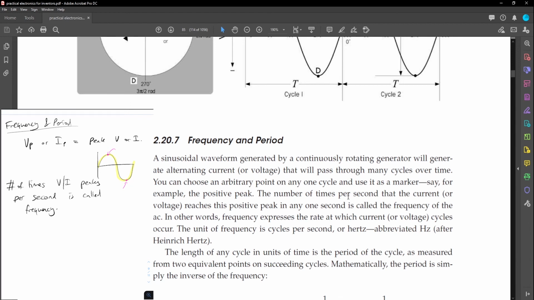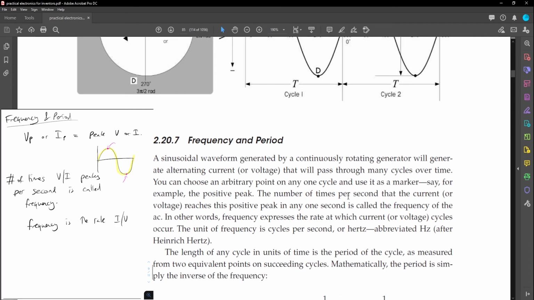So frequency is the rate. So why is this put current? Okay, current or voltage, cycles occur. The unit of frequency is cycles per second or hertz.